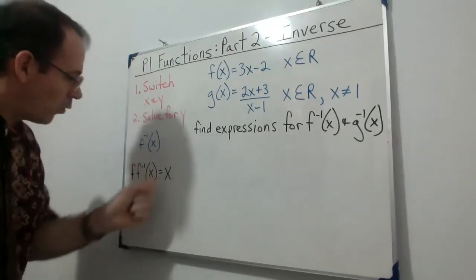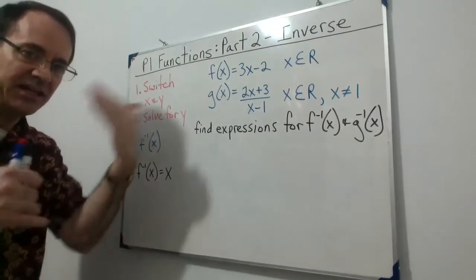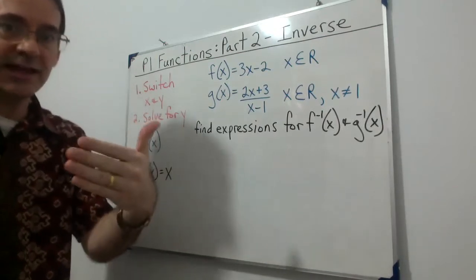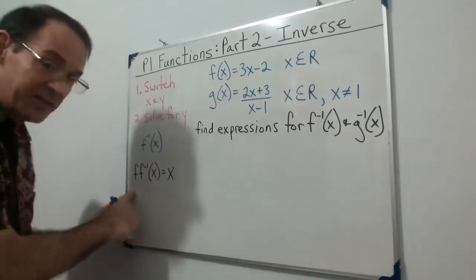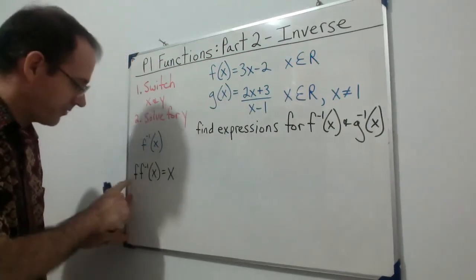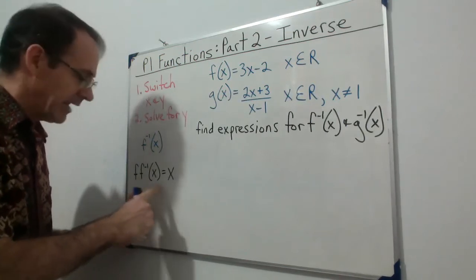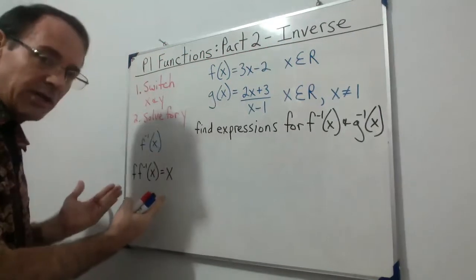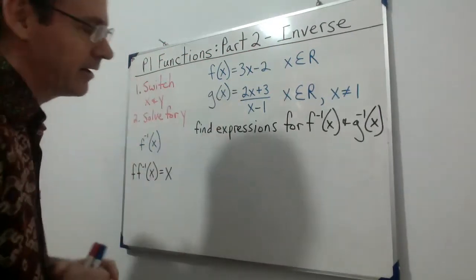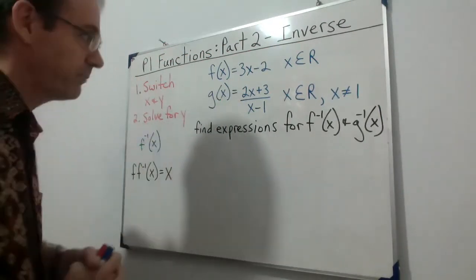So this is one way of testing to see if these two things are actually inverses of each other, is to do this composite function of the function and its inverse, and you should come out with x. Okay, so we'll look at that here after one of our examples here.